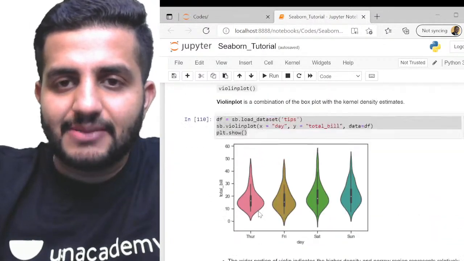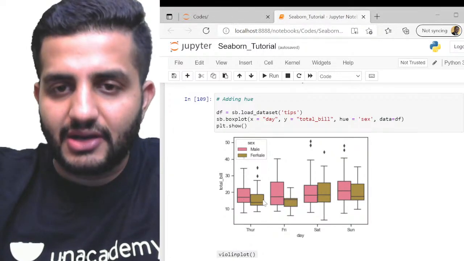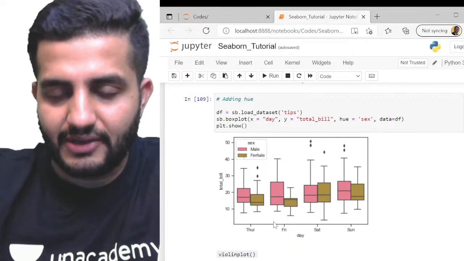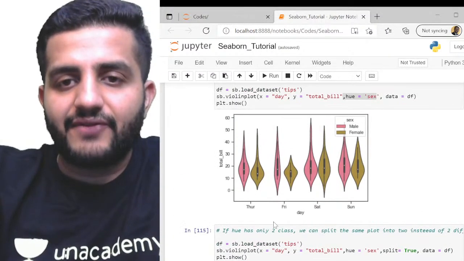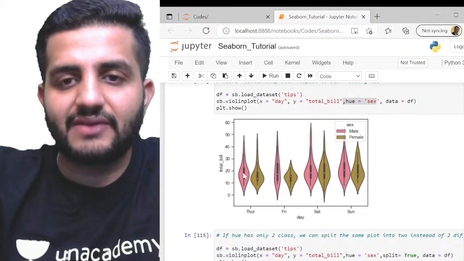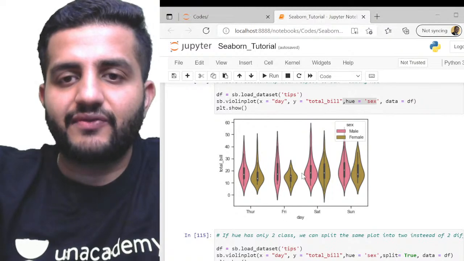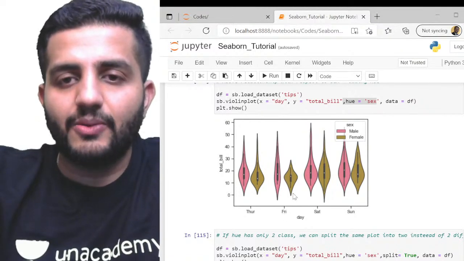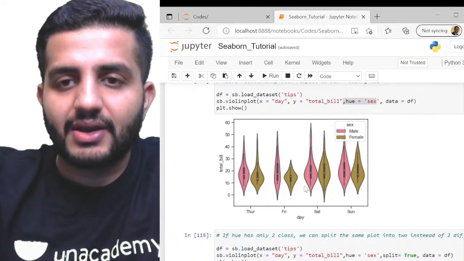So just like in the box plot, you get different plots for the different categories, two different plots for your individual levels of granularity. Similarly, I can have this part also, like on Thursday I have different graphs for males and females. So you can see that for females, specifically on Friday, the range is quite low, right? So they are on the lower side of paying the bill, okay?